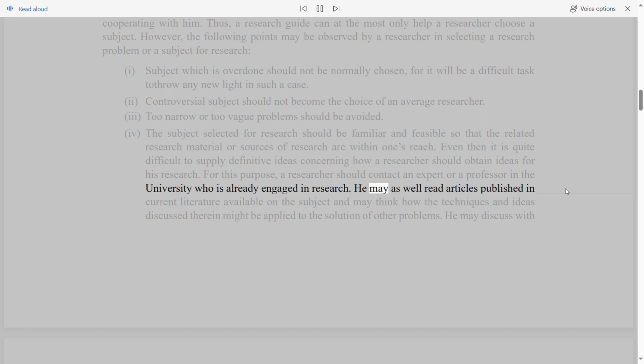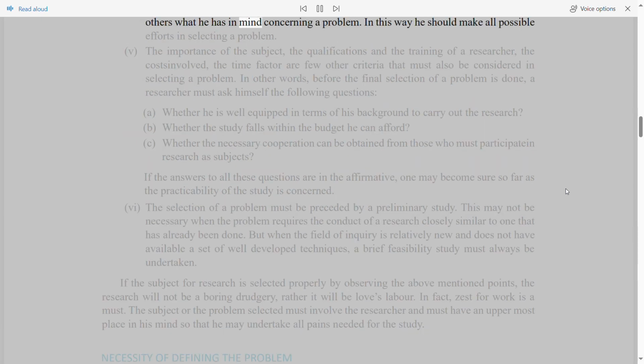He may as well read articles published in current literature available on the subject and may think how the techniques and ideas discussed therein might be applied to the solution of other problems. He may discuss with others what he has in mind concerning a problem. In this way, he should make all possible efforts in selecting a problem.